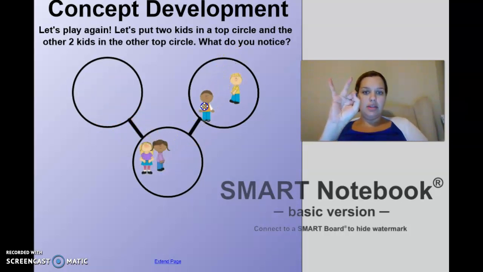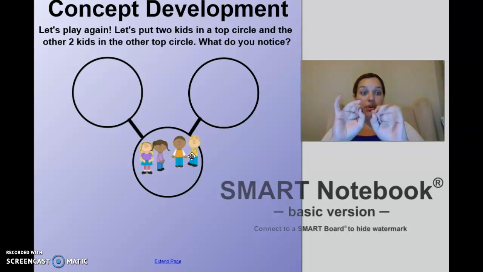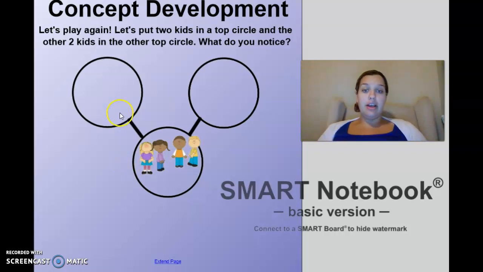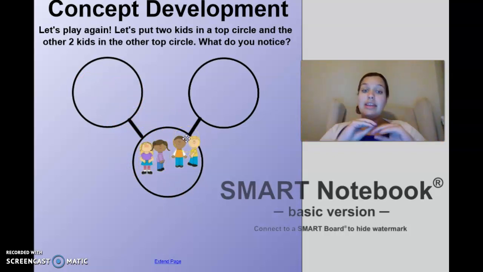And then let's put these kids on our other hand. 1, 2. We have 2 and 2 is 1, 2, 3, 4. Very good. The only time those 2 parts come together is that whole. So they never come together, those 2 parts, until you walk them across the paths to make that whole.